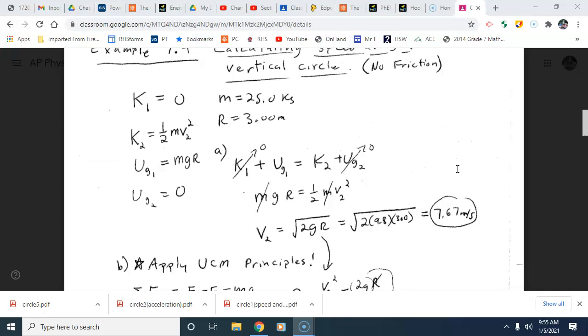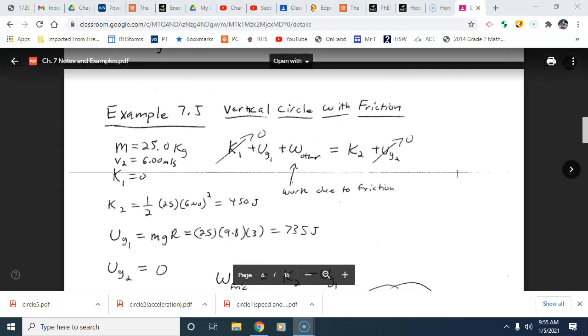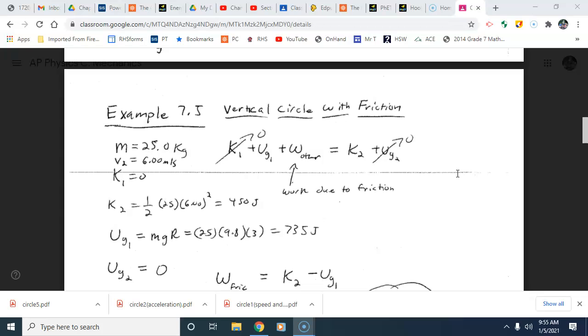But what the next problem tells us is that now there's obviously significant friction in reality. You could easily use a motion sensor at the bottom of this thing, if you were setting up an experiment, to find experimentally the velocity at the bottom. Or maybe have some kind of speedometer attached to the person moving.